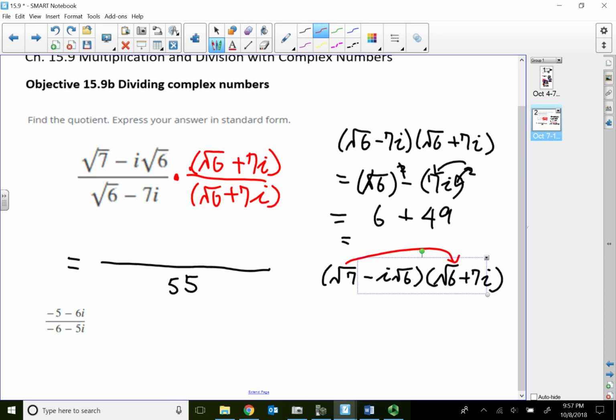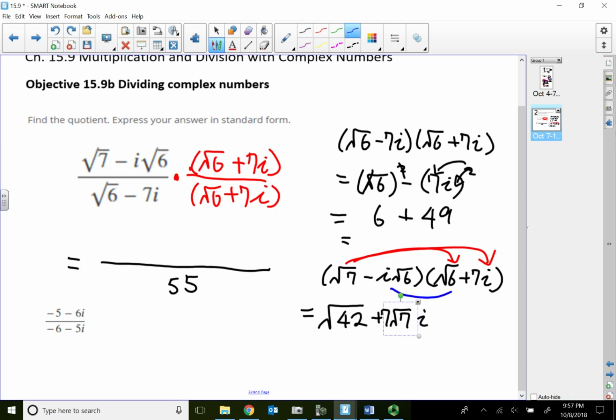Square root of 7 times square root of 6 is going to be square root of 7... 7 and 6 cannot be broken down where I got two of the same number, so I'm just going to multiply them inside with inside. 7 times 6 is 42. Square root of 7 times positive 7i is positive 7 square root of 7i.